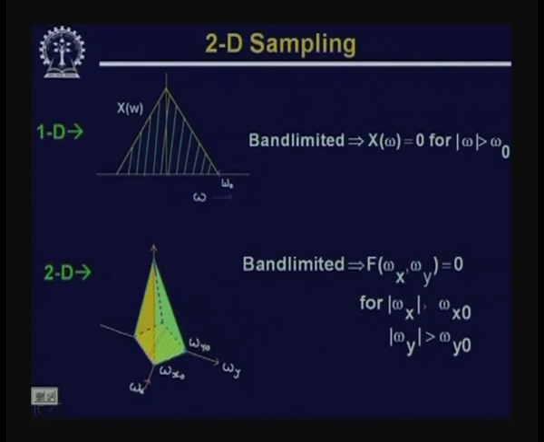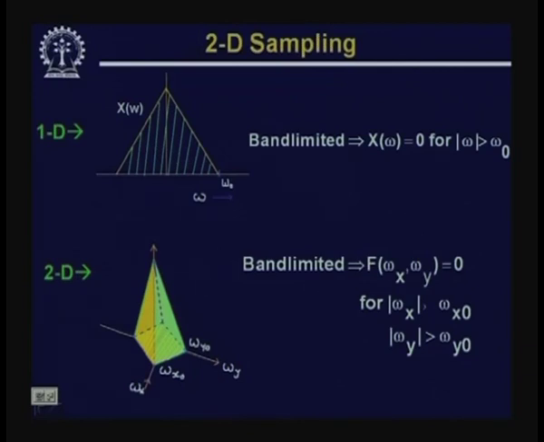Similarly, the image is a two dimensional signal, a function of two variables x and y. So it is quite natural that for an image we will have frequency components in two directions, one in the x direction and the other in the y direction. We call them omega x and omega y.